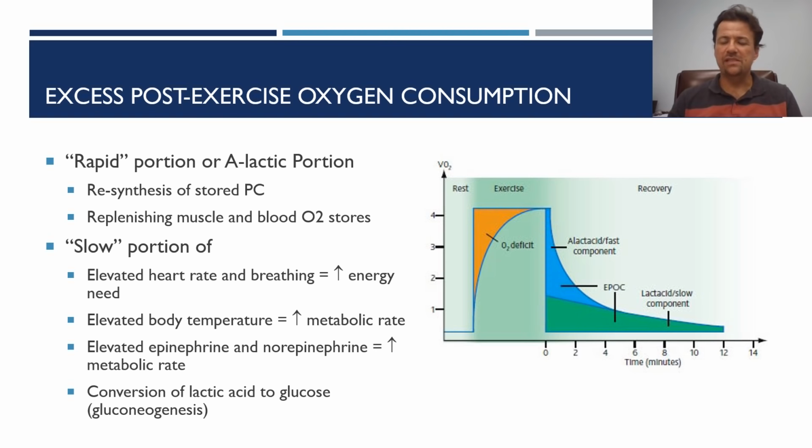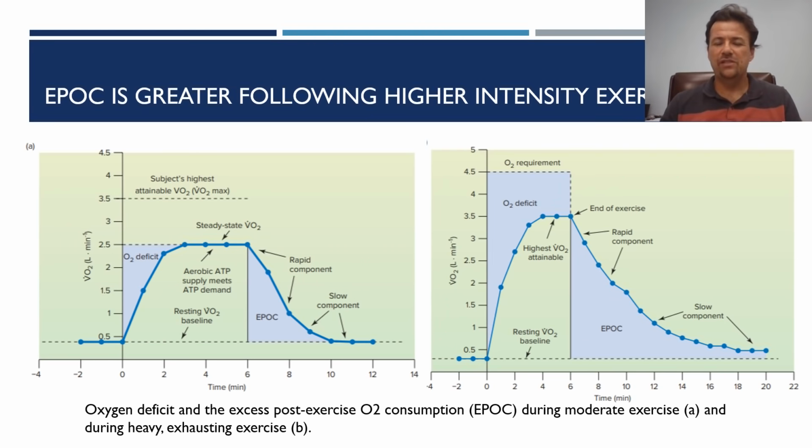Now this difference, or this EPOC, has been the subject of much publicity over the last few years with the advent of HIIT workouts. HIIT stands for high intensity interval training. And many popular magazines and television programs and videos on YouTube tout the claims of HIIT, that it can burn more energy and produce greater results than steady state cardio.